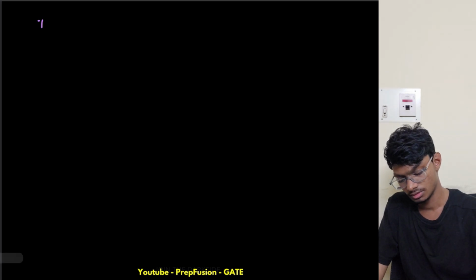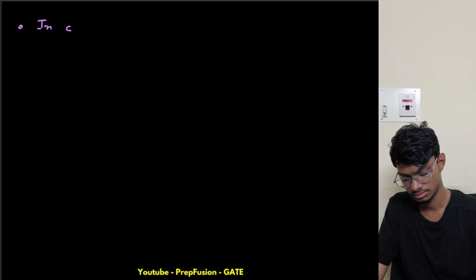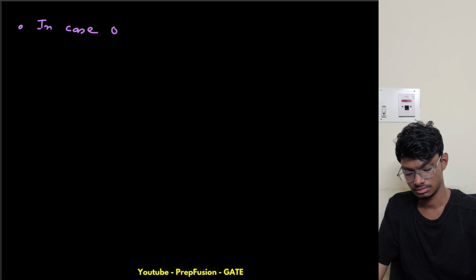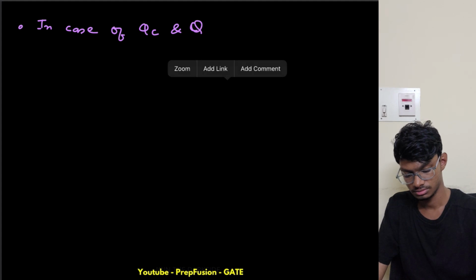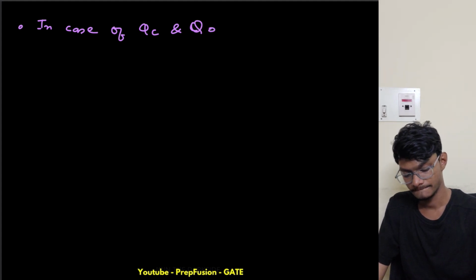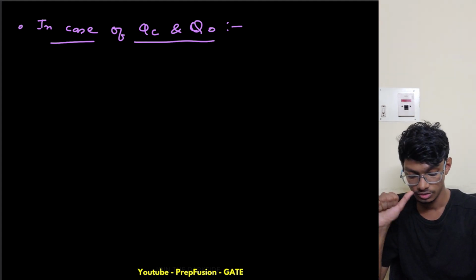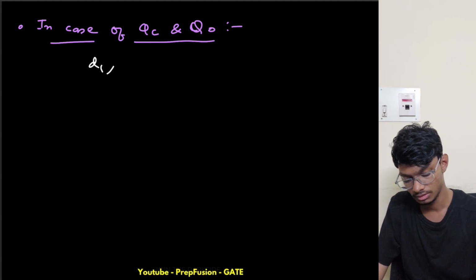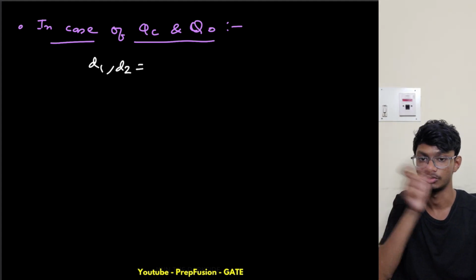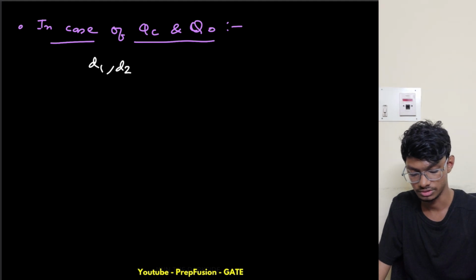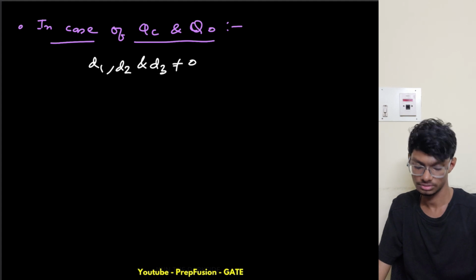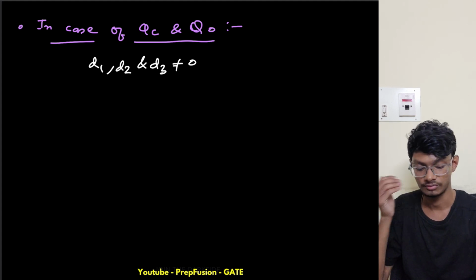Now in case of QC and QO, so what is the value in case of QC and QO? My d1, d2, d3 that I solved during the proof were not equal to 0, okay. So if they are not equal to 0, then what is happening?